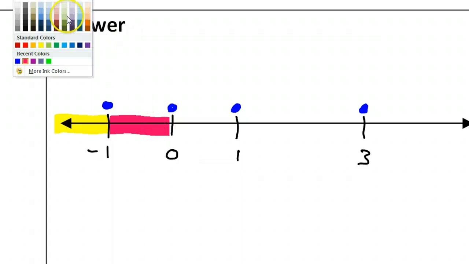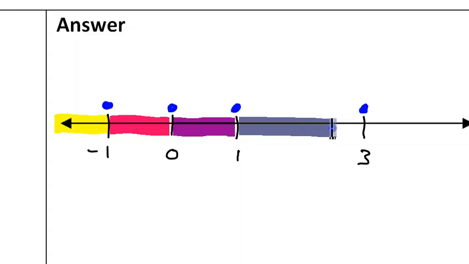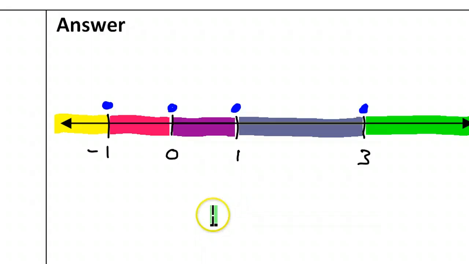We got the purple zone. We got the gray zone. And we got the green zone. Okay, 5 zones. We need to do a test value in each one of these zones.